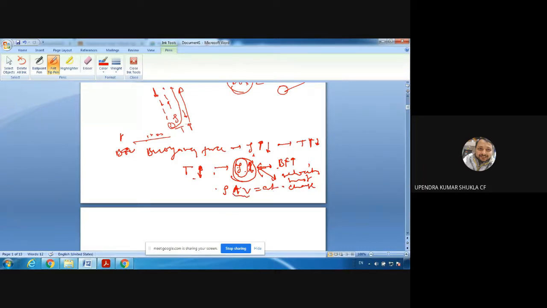AV means volumetric flow rate, and rho is mass per unit volume, so the mass per unit time is constant. If density is varying and we need to have this product constant, A is constant already, so what will vary? V. So velocity must change due to density variation because the conservation law must be satisfied.